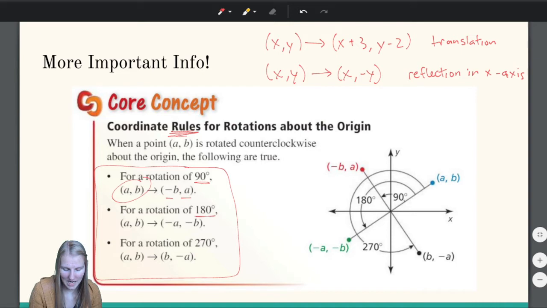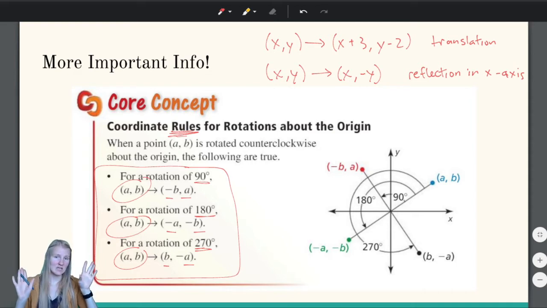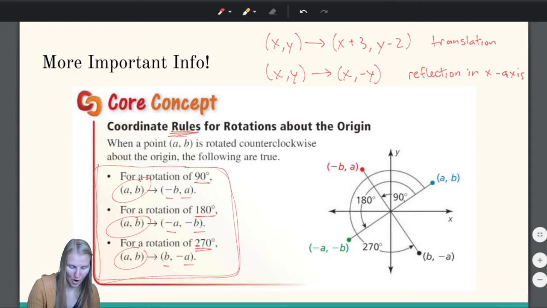For 180 degrees, take the point and make them both negative. Make A and B negative. For 270 degrees, take the point, switch A and B, and make the second one negative. Now, it's easier said than done, right? Trying to remember all of this can be kind of confusing, but the more you practice, the better you will get.